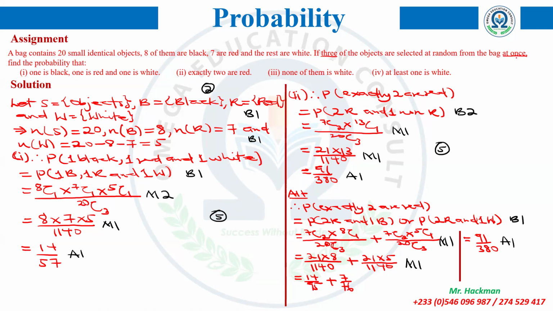This keyword here, at once, gives us all that we need in this preamble to let us know that we can use the combination approach in solving this question. So by that we know the approach that we are going to use in solving this question.